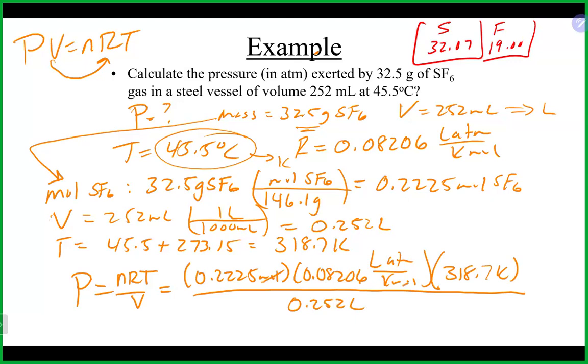The moles will cancel, the Kelvin will cancel, and the liters will cancel, leaving us atmospheres as the only unit left, which is good, since we are looking for a pressure.